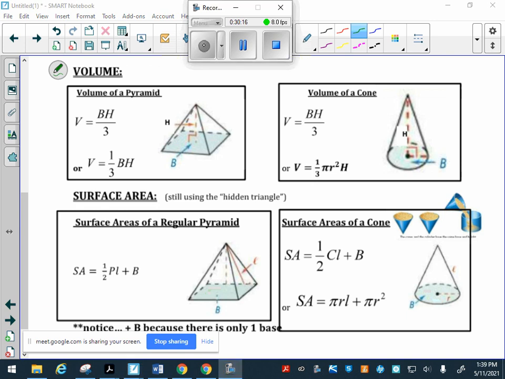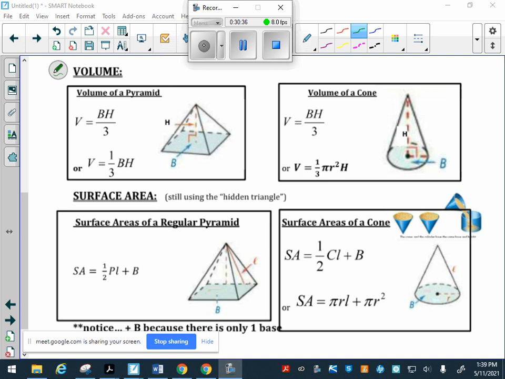This formula is volume, capital V equals BH divided by 3, because the volume of a pyramid is 1/3 the volume of its related prism. So you can think of it as 1/3 BH, or as B times H and then divided by 3.